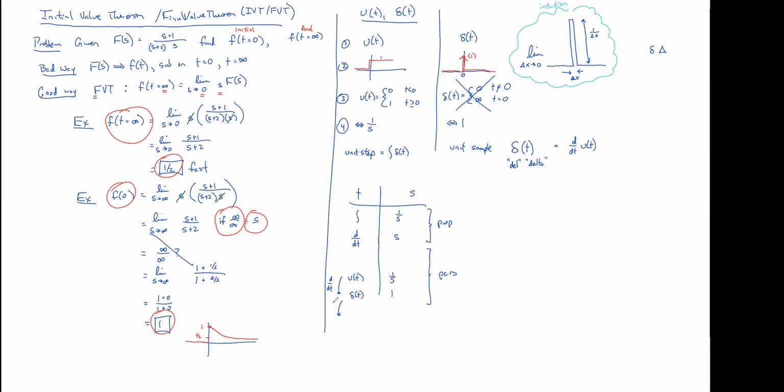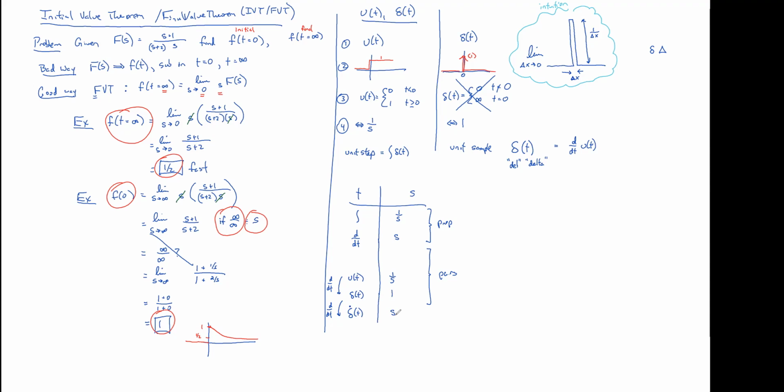You could conceivably go on one more step and take the derivative of your impulse, and you'd get something we haven't talked about yet, called a doublet, and then that has a transform of s.